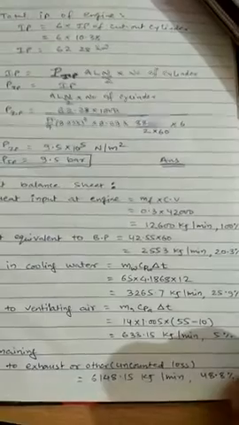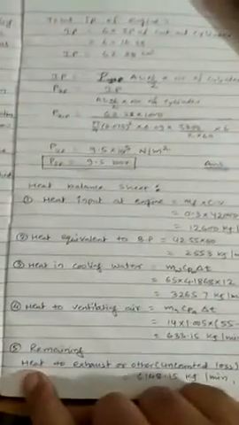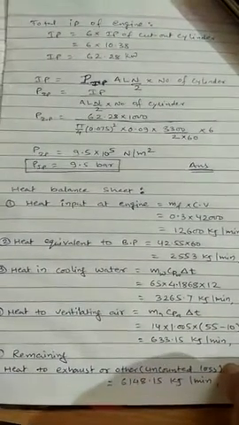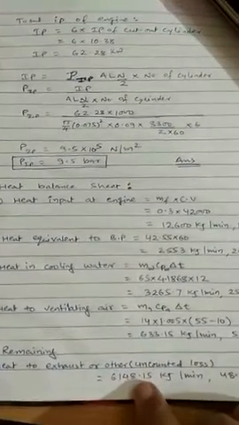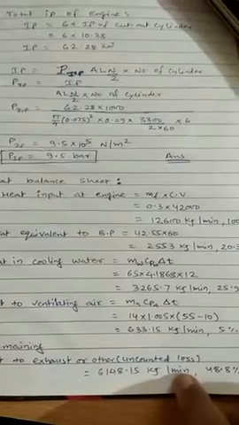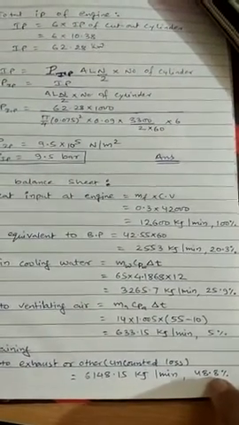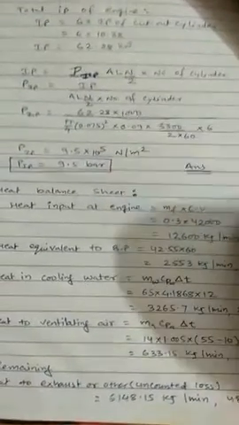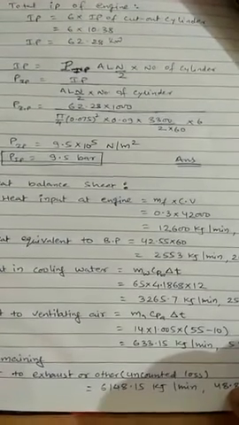The remainder of the heat is uncounted loss, such as heat through exhaust or other unaccounted loss. So the uncounted loss value is 6148.15 kilojoule per minute, and it is 48.8% of total heat. So this mapping of heat is a heat balance sheet.